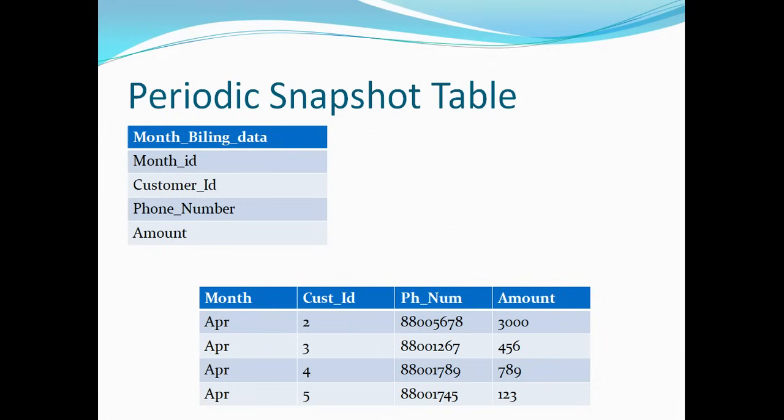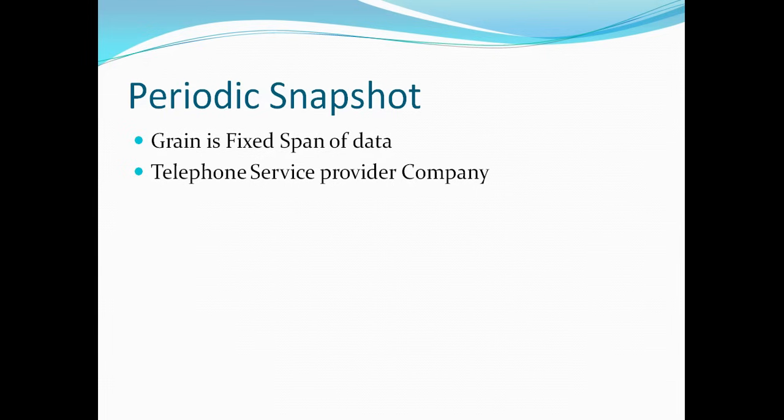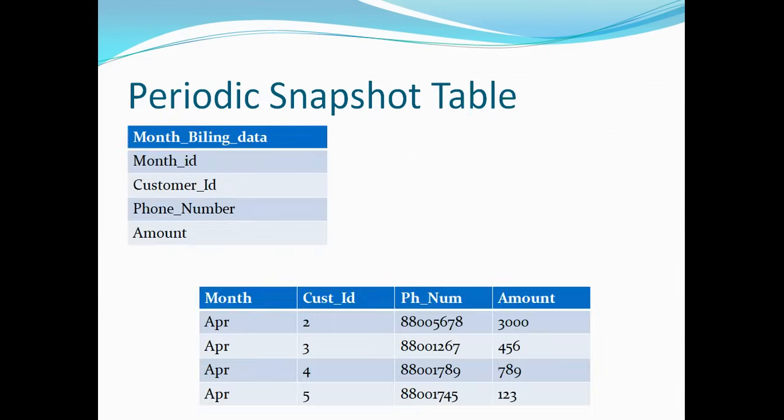So the periodic snapshot table captures data for a defined period, and that's why we said that the grain is a fixed span of data. It can be a week, a day, a month, a quarter, or a year.